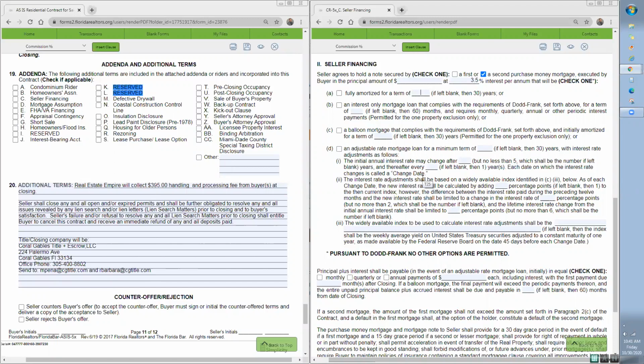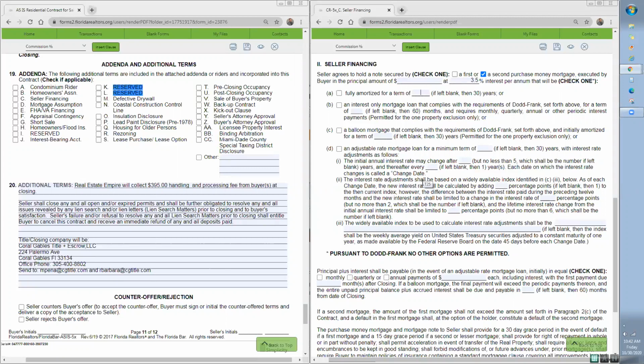So I always recommend sit down with a lender if this is a document that you're going to use. It is not very common that you use this, but if you are going to be selling luxury properties or high worth properties, which we all hope you do, then this is something that you're going to become very familiar with.